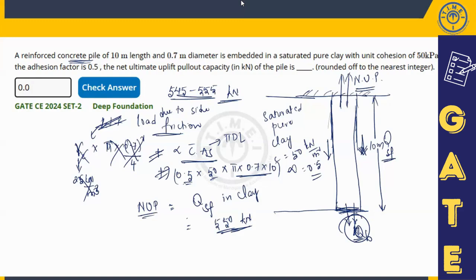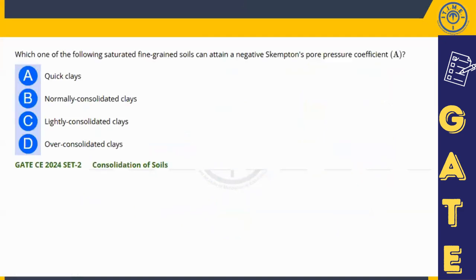Okay, my dear students, we'll be moving to the next question then. So the next question: which of the following saturated fine-grained soils can attain a negative Skempton's pore pressure coefficient?